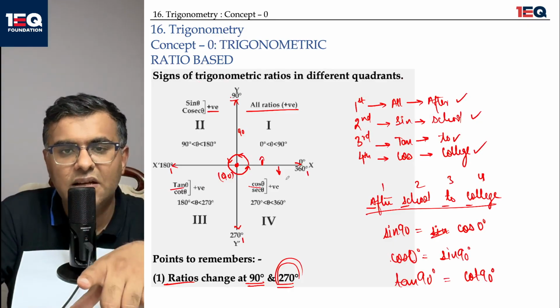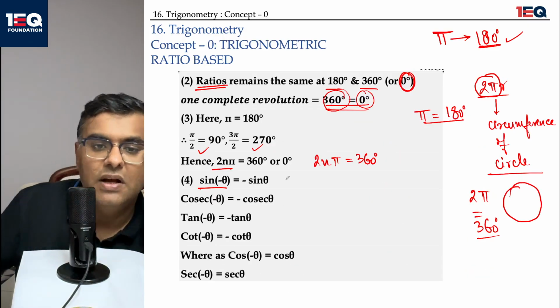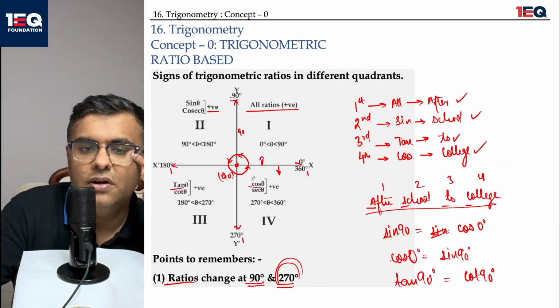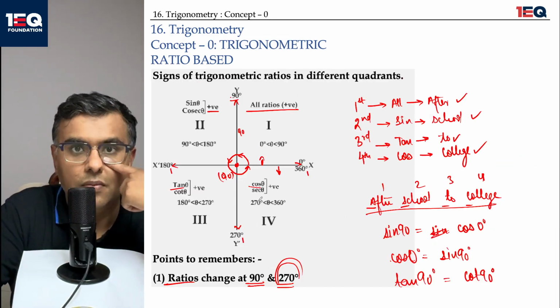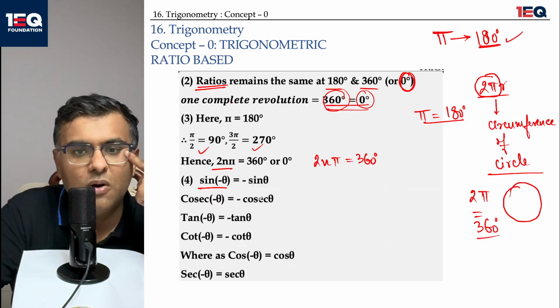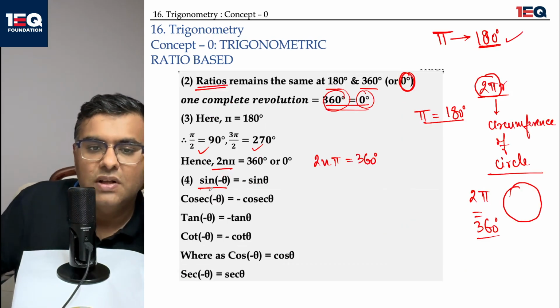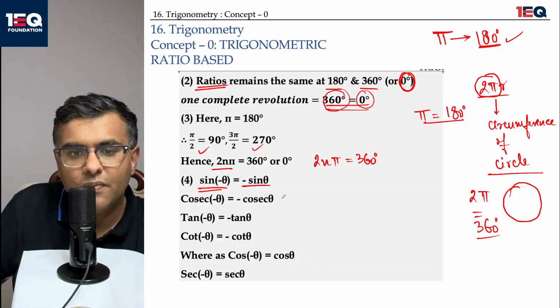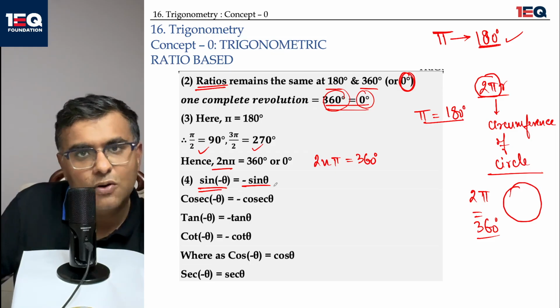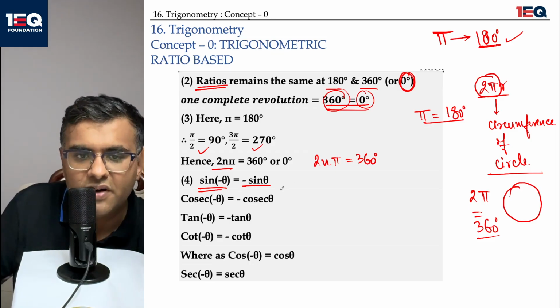In the fourth quadrant, only cos is positive. So sine minus theta is equal to minus sine theta because of the fourth quadrant effect.